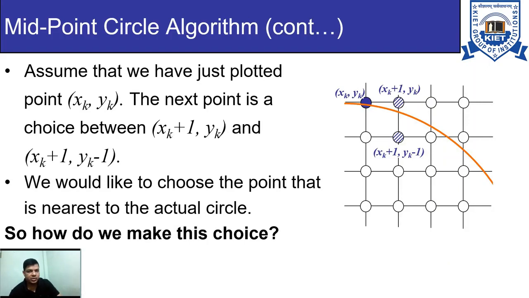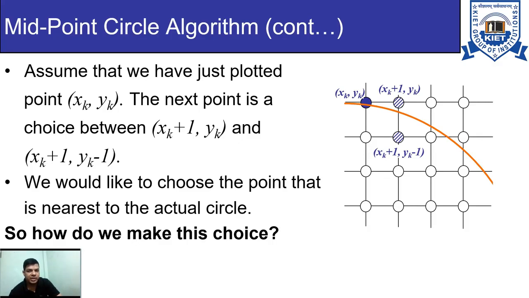You can see from the figure, we will start from this point, denoted as xk comma yk. One thing we have to remember in the midpoint circle algorithm is that we start drawing the circle from the origin.